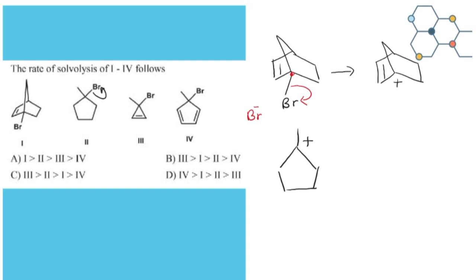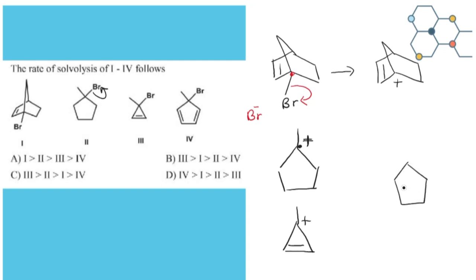So when the bromine goes here, the carbocation will be formed here for the second molecule, which is a tertiary carbocation. For the third molecule, you see, again it is a tertiary carbocation and it is allylic as well as a part of an aromatic ring. Now let's check the fourth molecule.